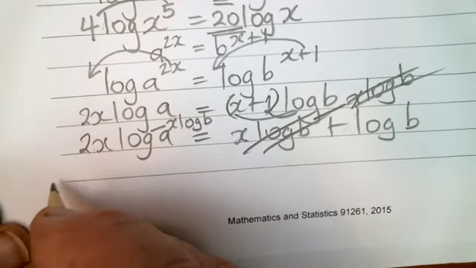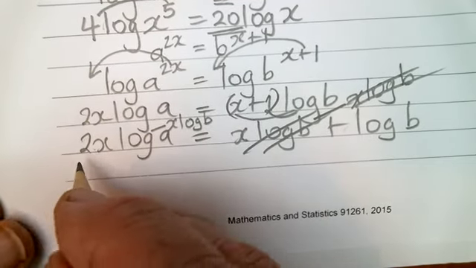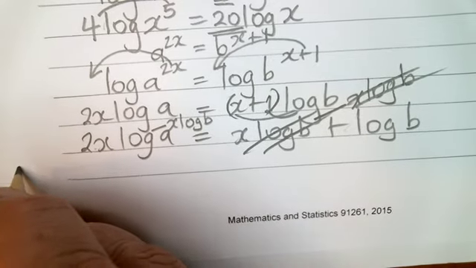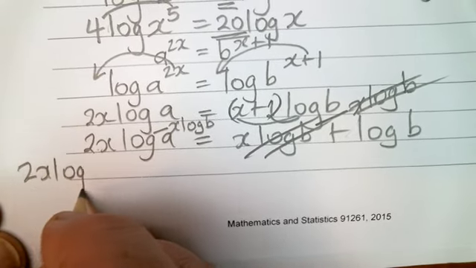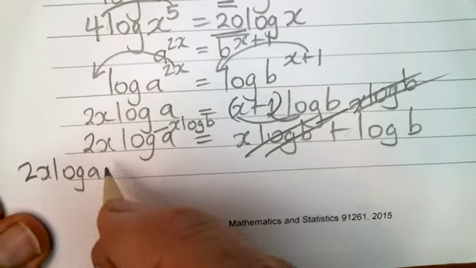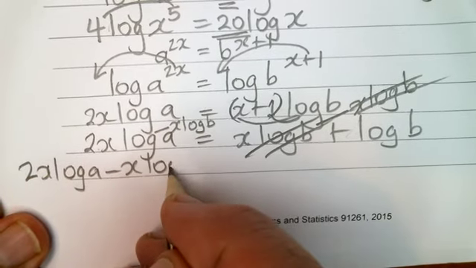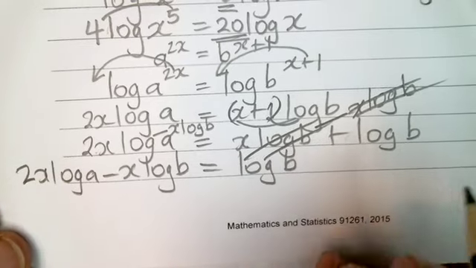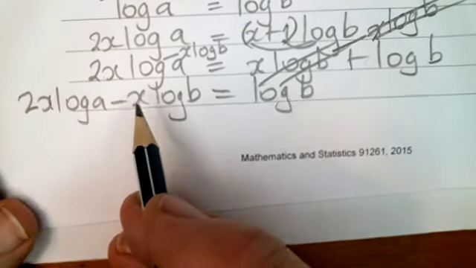And now we've got, crikey, I'm really going to find some more space here. This is going to be 2x log a minus x log b is equal to log b. Now, what's common here? Oh, x is common.